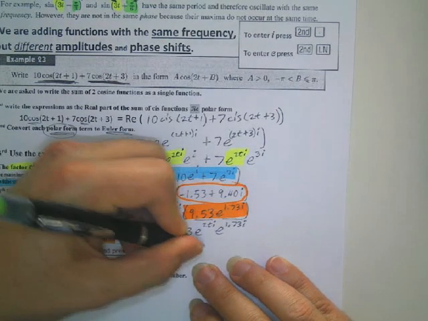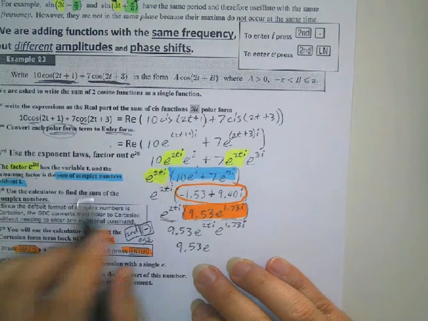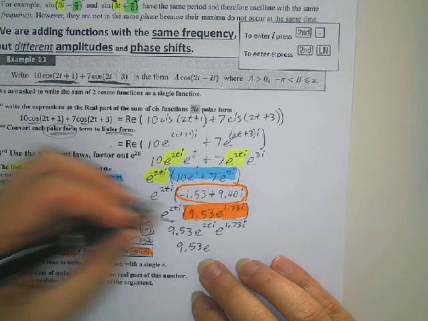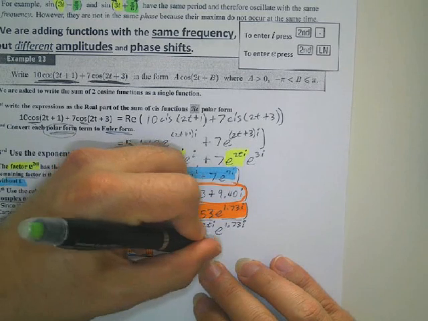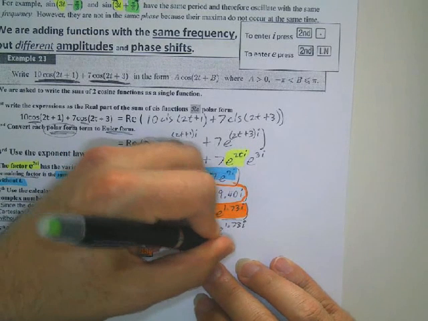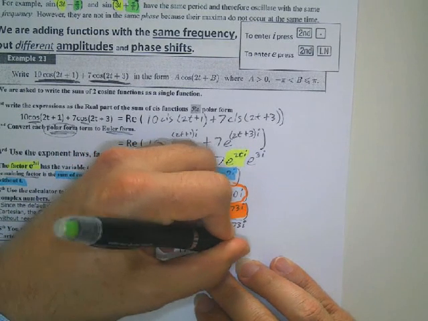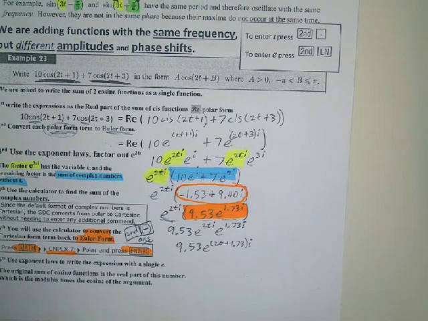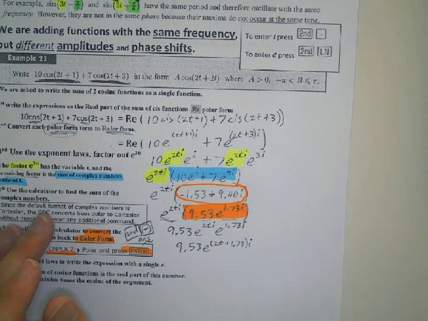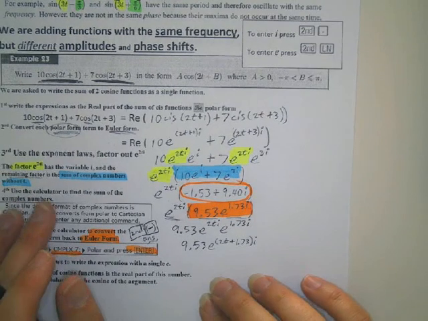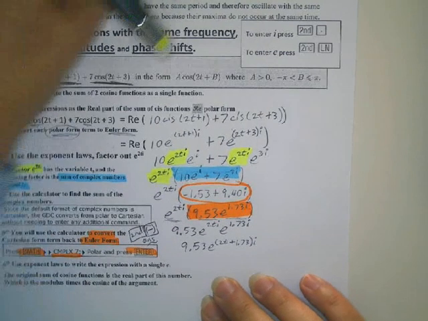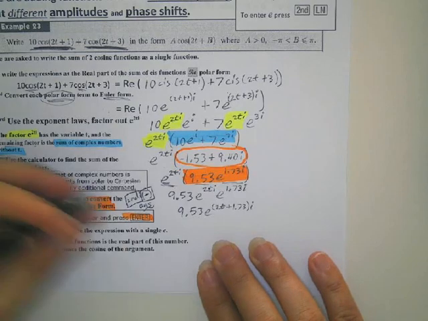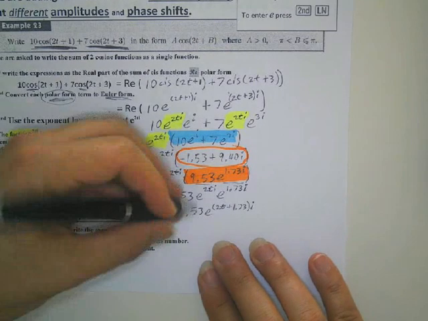Okay, so now I rearranged the terms, and now I'm going to write this as 9.53, and I'm going to use exponential powers to write this with a single e. I'm going to write this as 2t plus 1.73i. Okay, and now I'm going to remember that we're only dealing with the real part.